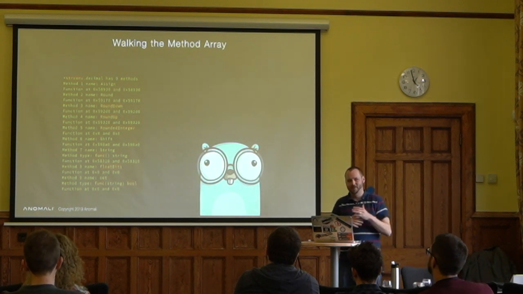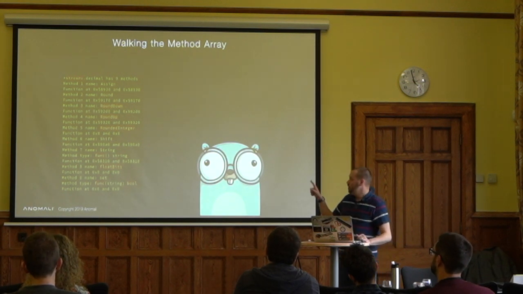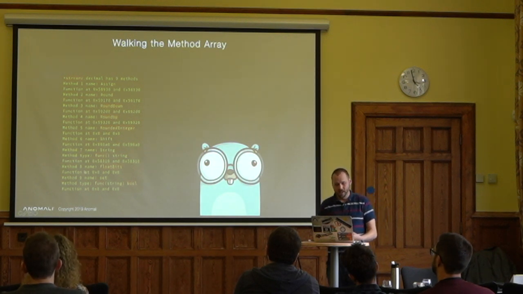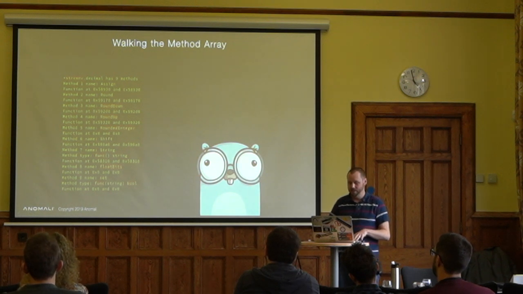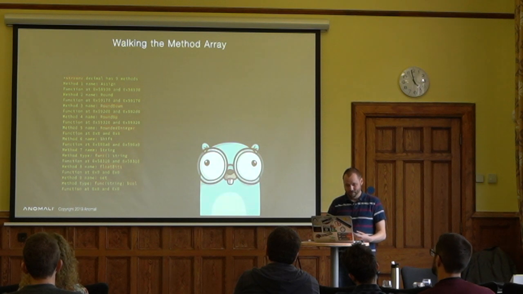In the version I used, it had 9 functions, not all of them exported. It lists all these methods. If the name starts with a capital letter, it's exported. If it's not, it's private. But interestingly, I can still find it and get the name of it.